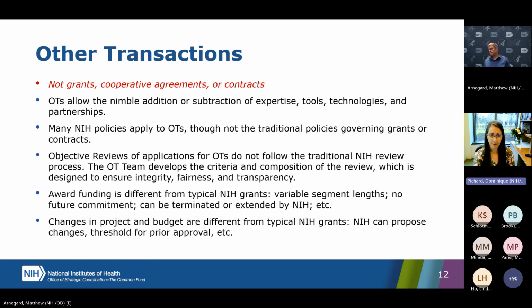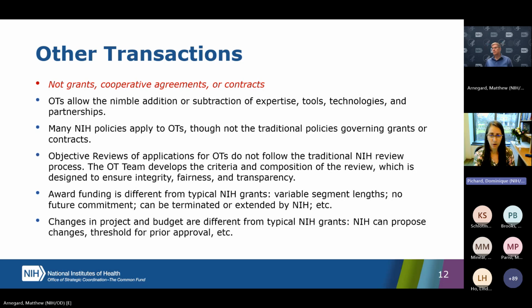Many NIH policies apply to OTs, though not the traditional policies governing grants or contracts. NIH proposals for OTs are required to go through an objective review, which is a scientific evaluation managed by an OT meeting administrator. The OT team must develop the criteria and composition of the review team designed to ensure integrity, fairness, and transparency. Award funding is different from typical NIH grants.